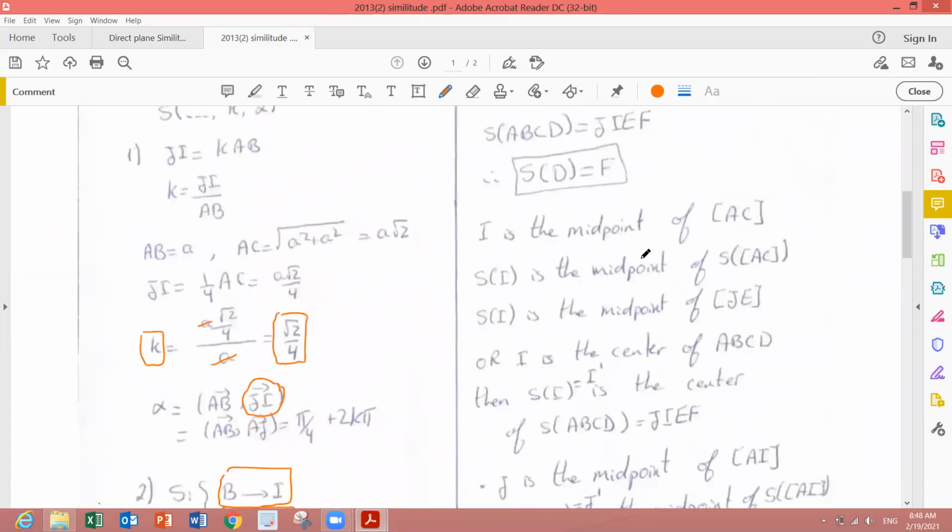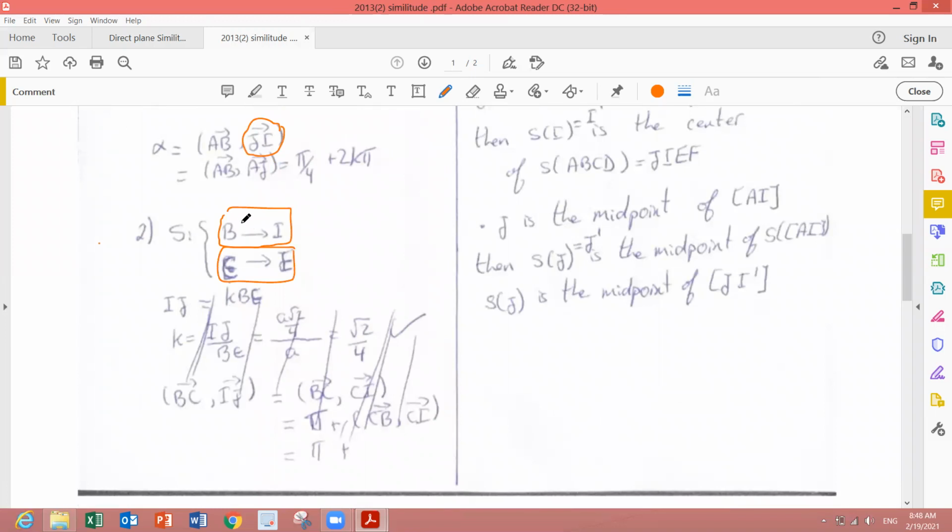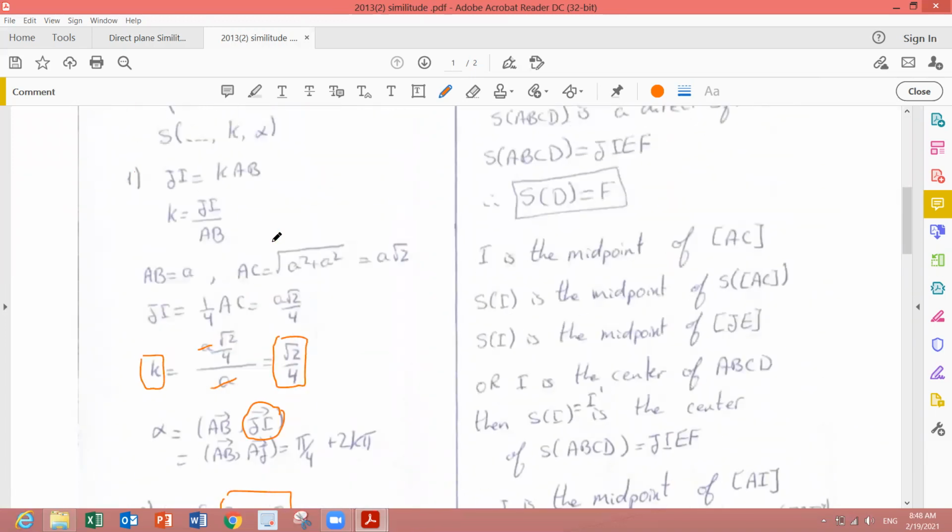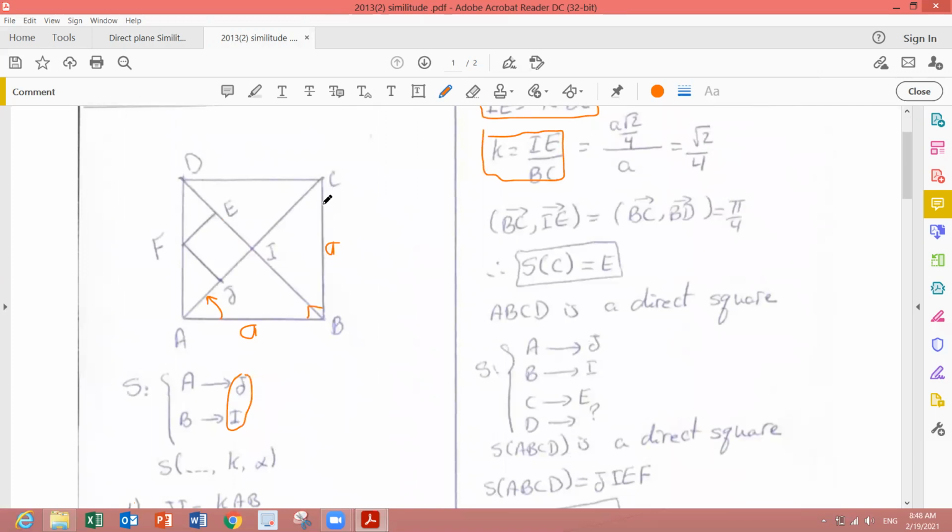And we have to prove that the measure of the angle (BC, IE) equals pi over 4. IE has the same sense as BI, so (BC, IE) equals (BC, BD). (BC, BD) in the positive sense is pi over 4. Therefore, S of C is equal to E.